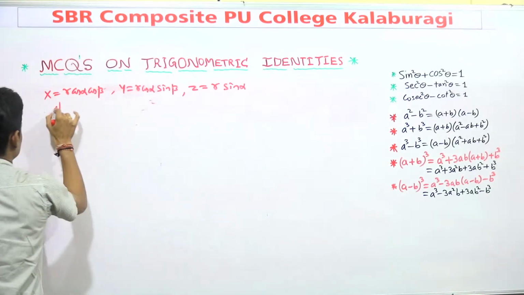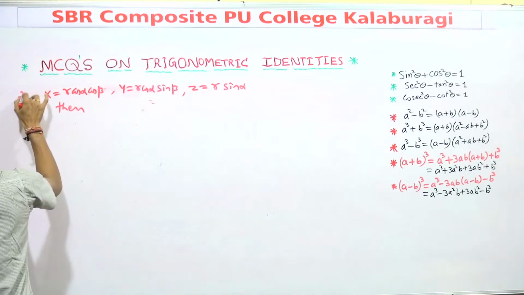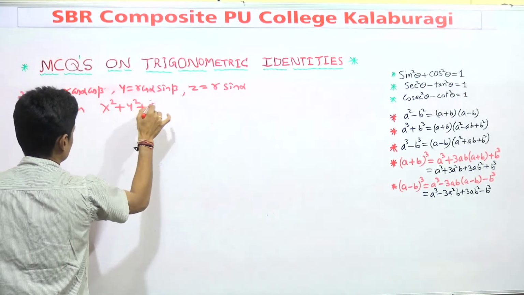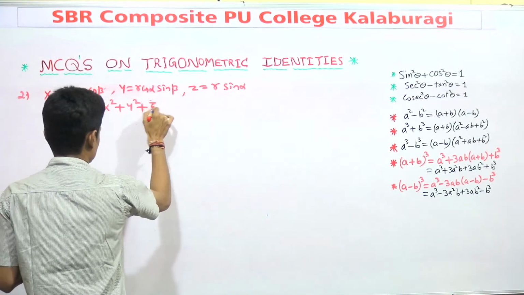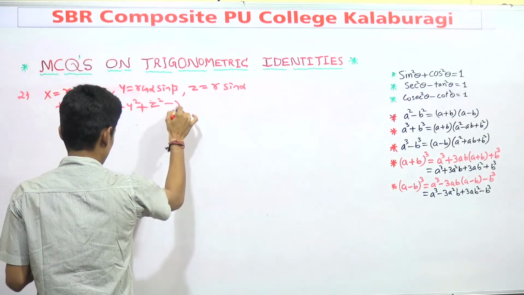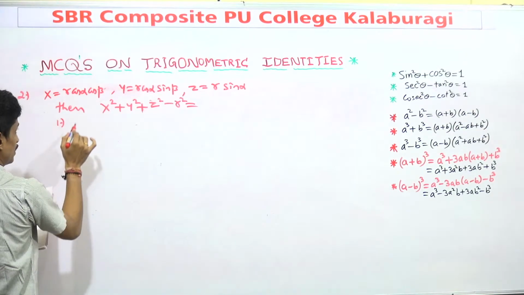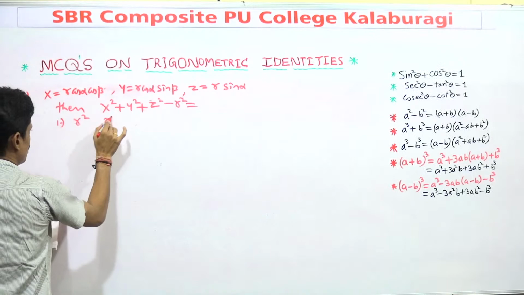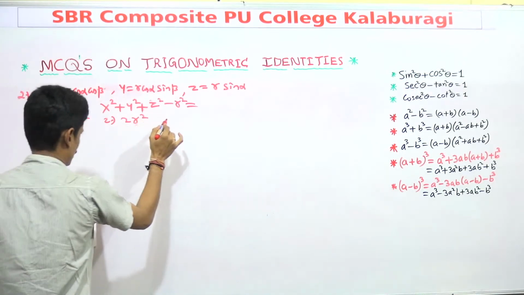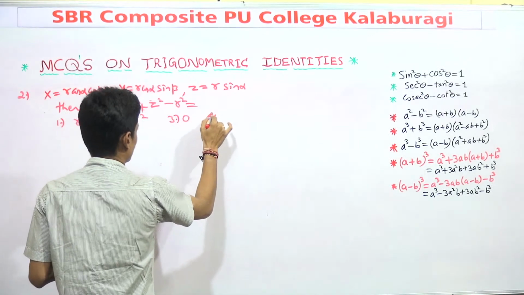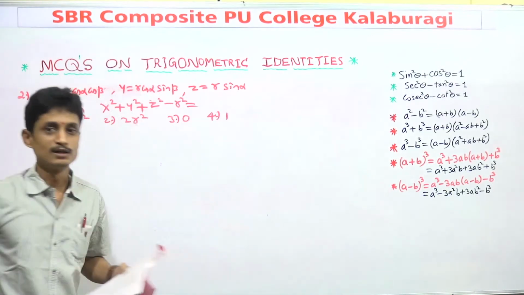Then this is question number 2. Then x square plus y square plus z square minus r square equal to. Option number 1 is r square. Option number 2 is 2r square. Option number 3 is 0. Option number 4 is 1. Get started.